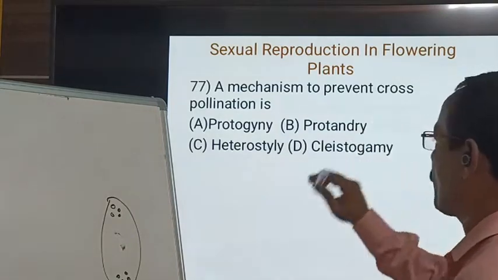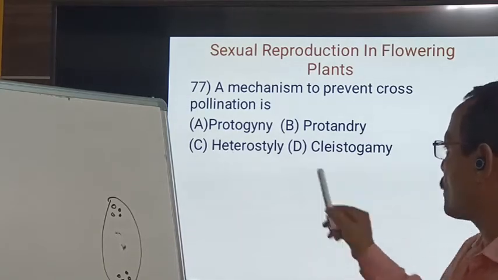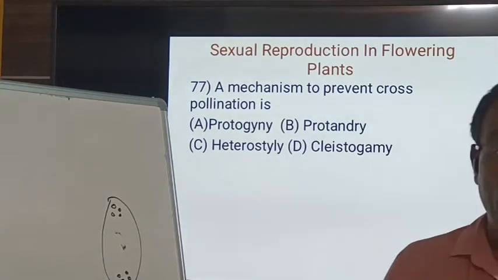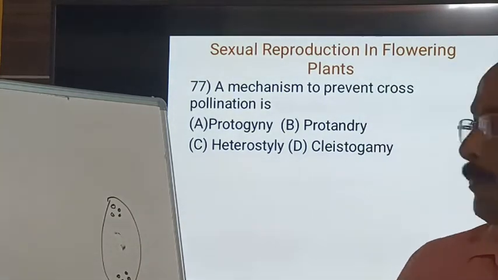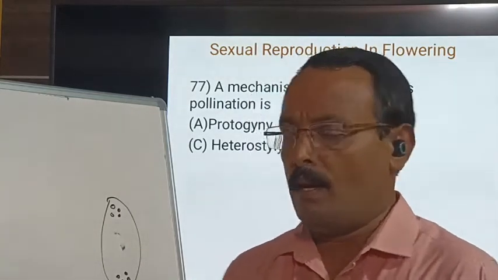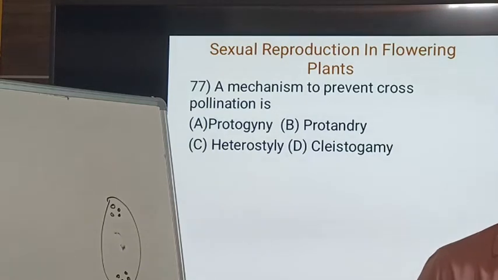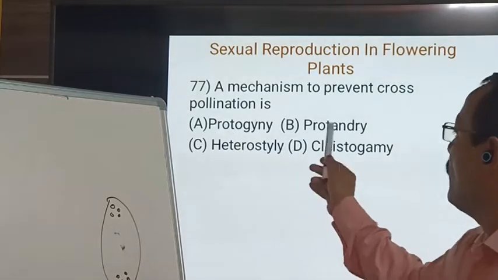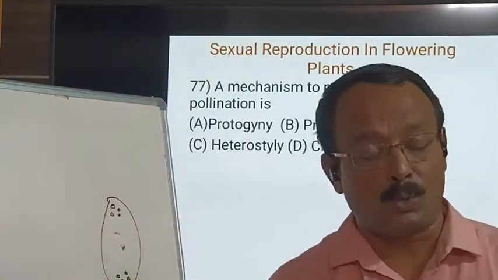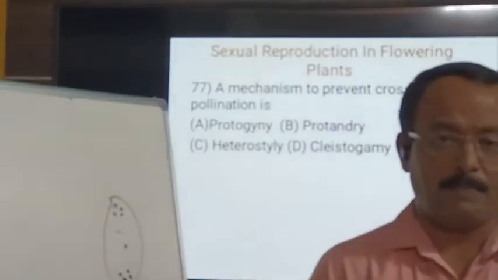A mechanism to prevent cross-pollination is protogamy, protandry, heterostyly, cleistogamy. So they have given 4 options. Protogamy is the condition in flowers when female reproductive parts mature earlier than the male reproductive parts. Likewise, protandry is when male reproductive parts mature before the female reproductive parts. Heterostyly is one of the outbreeding devices.